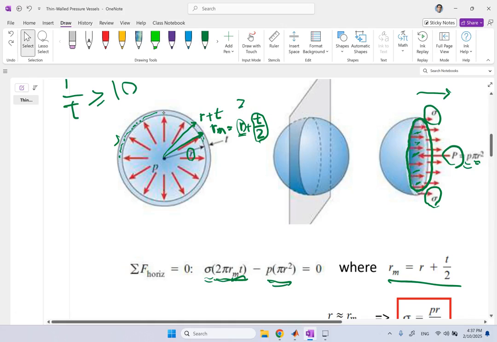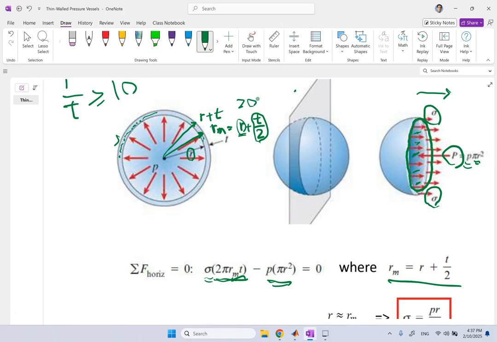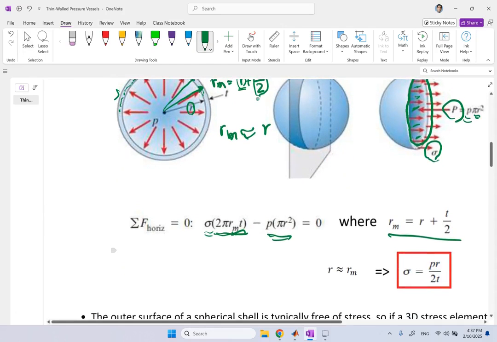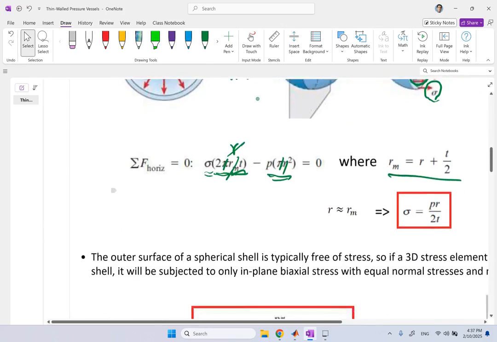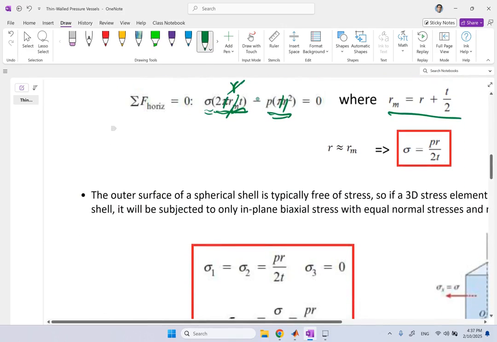And if I can neglect this factor of 20 here and say Rm can be approximated by r, because t is not so big compared to r, and replace this by r, now I can get rid of a pi and one r here. And so solving for sigma, you're going to find sigma to be PR over 2t.